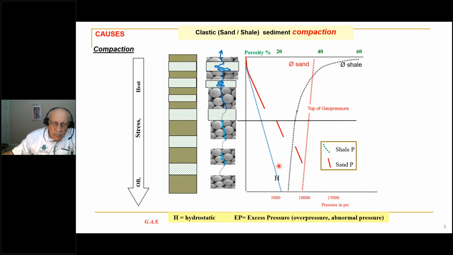And another layer, another sand. Here it is going fast, stop, fast, stop, go slow, fast, stop, go slow. This is the main cause or the main root of forming compartmentalization.